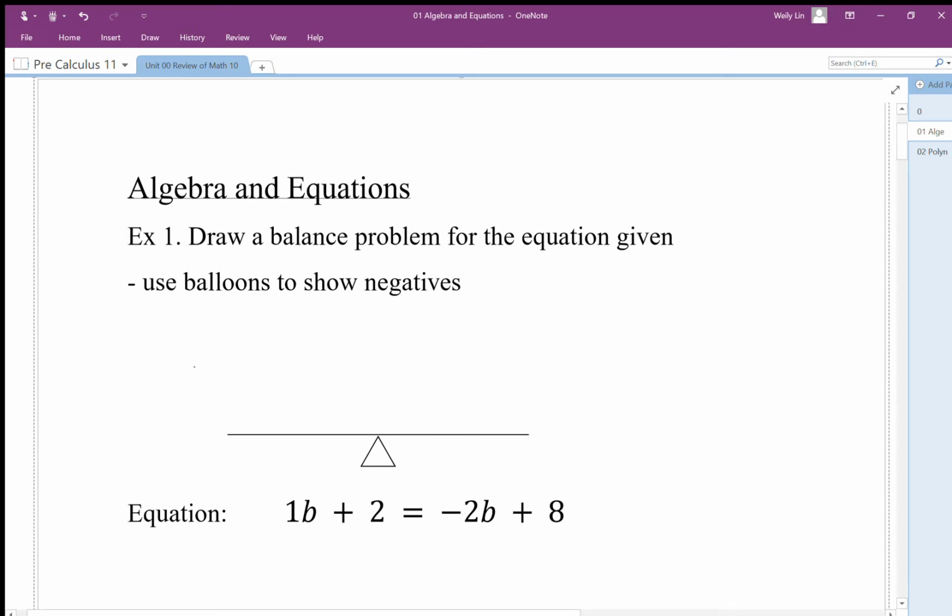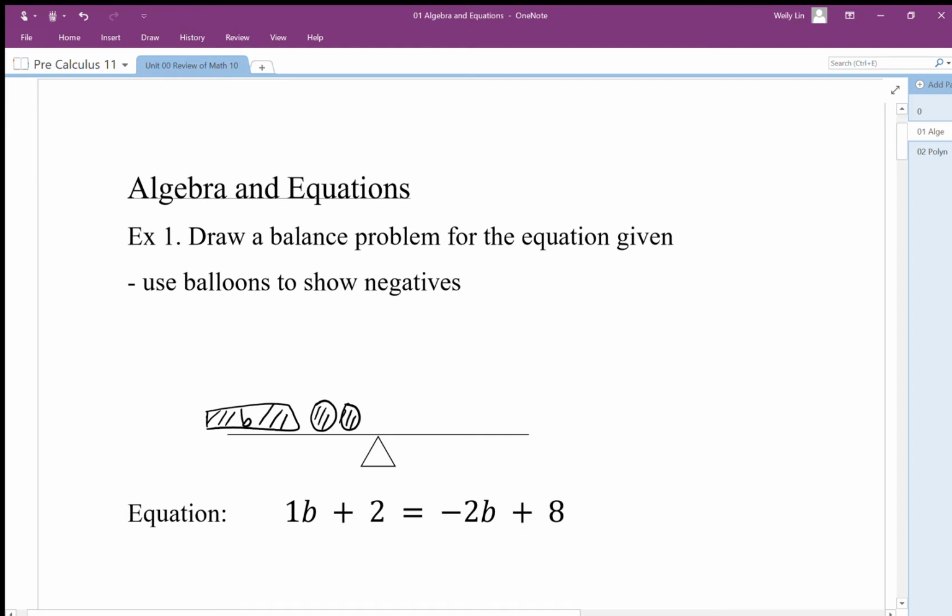Here I'm going to show my variable b as an algebra tile. We're going to call that b, and I'll label it B. So there's my algebra tile. I'm going to use a couple of circles here for the 2.